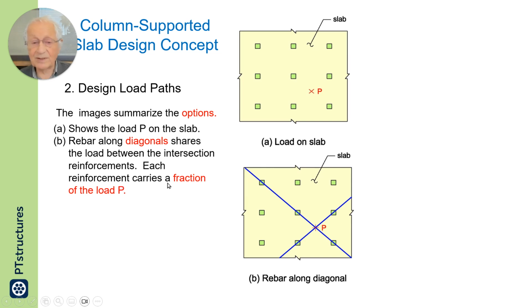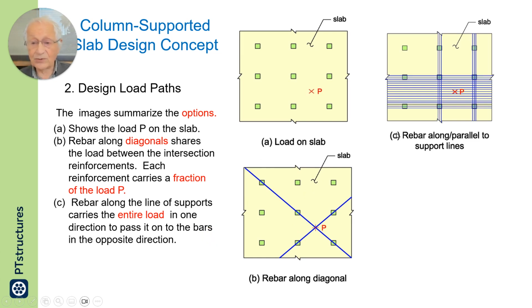Each reinforcement carries a fraction of the load. You design it only once for the load to be shared between the two. You decide how much of it goes along this diagonal and how much of it goes along the other diagonal. For safety of the structure, you decide. For the serviceability of the structure, the characteristics of the structure decide.